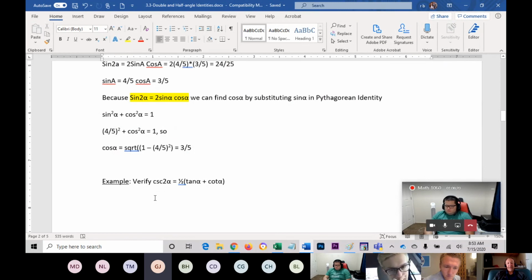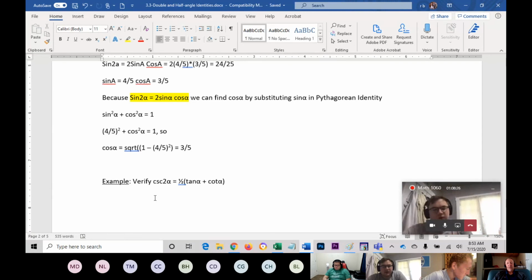Which side looks more complicated, the left side or the right side? The right side. So if we're verifying an identity, we like to take the more complicated side. So let's go with the right side. How could you rewrite the right side? You could distribute that 1/2.